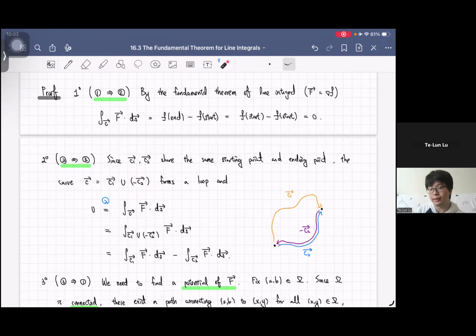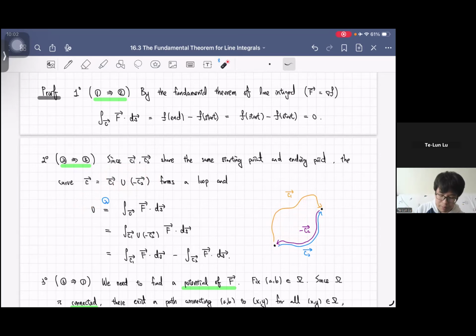They share the same ending and starting point. However, minus C2 goes from the ending point of C1 towards the starting point of C1, right? So C1 taking union with minus C2 is actually a closed curve, right? Let me emphasize this again: because C1 and C2 share the same starting and ending point, C1 union minus C2 will be a closed simple curve.